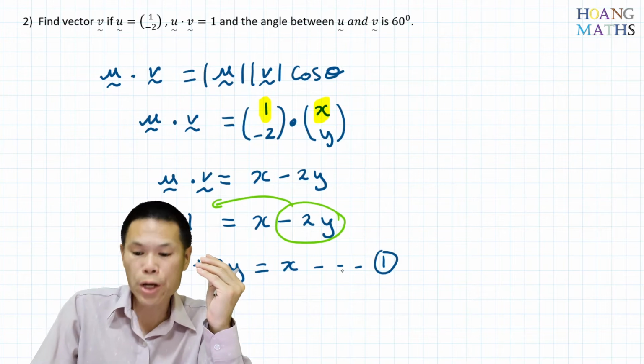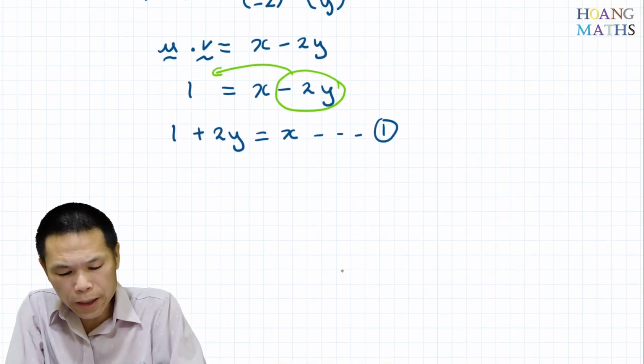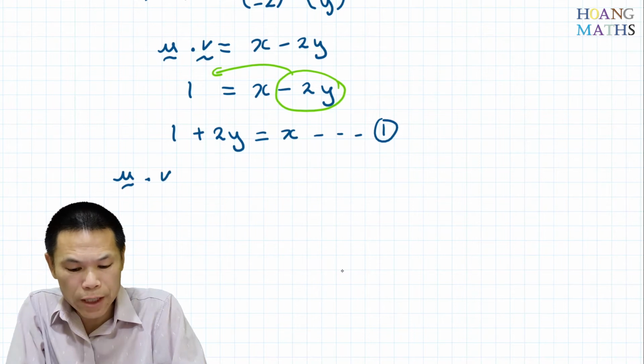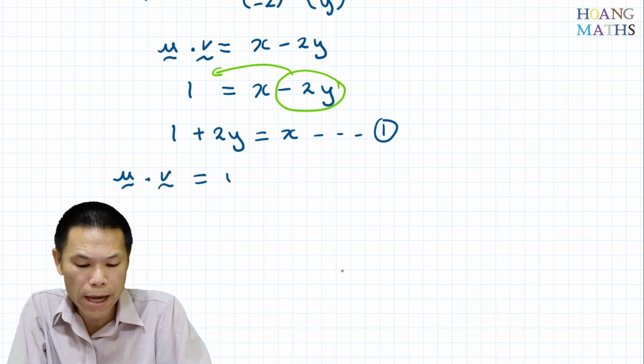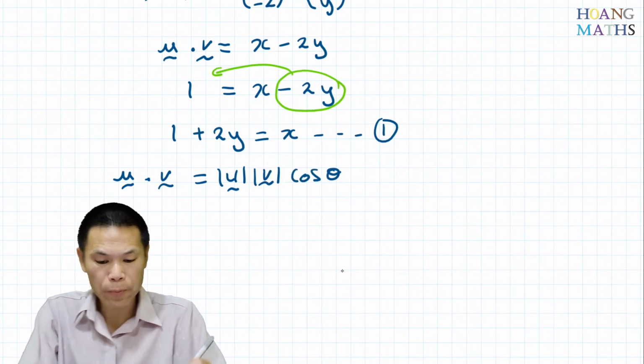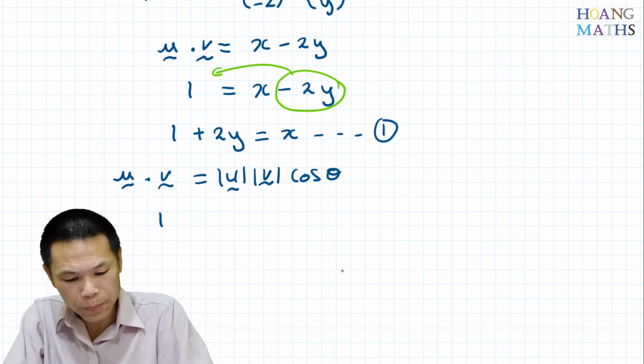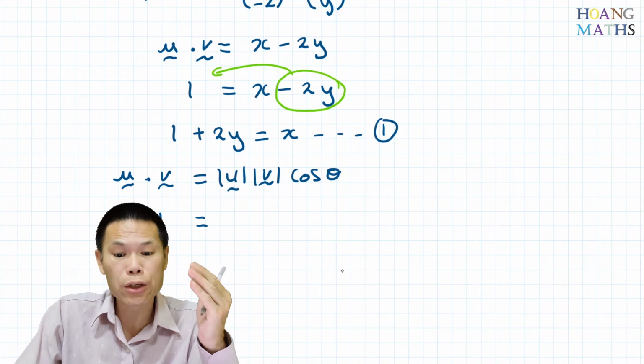So now we know that u dot v, vector u dot vector v, also equals the magnitude of u times the magnitude of v and cos the angle in between. So u dot v, we already know is equal to 1. Okay? Let me work out the magnitude of u.